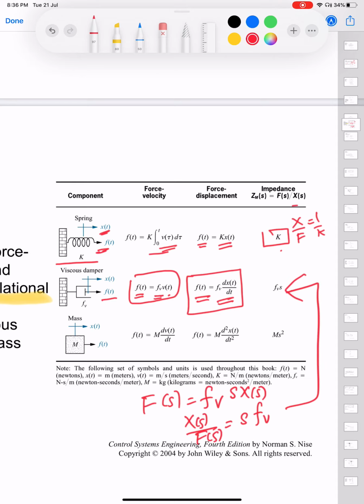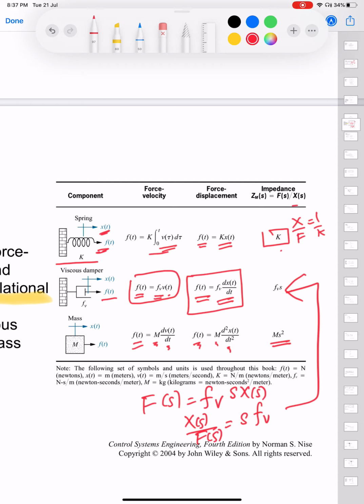Similarly, the third one is the mass. So you have three basic elements in mechanical systems. For mass, you already know that force is equal to mass into acceleration. So force is equal to mass into the derivative of velocity, or mass into the double derivative of displacement, and consequently, the transfer function is equal to ms square.